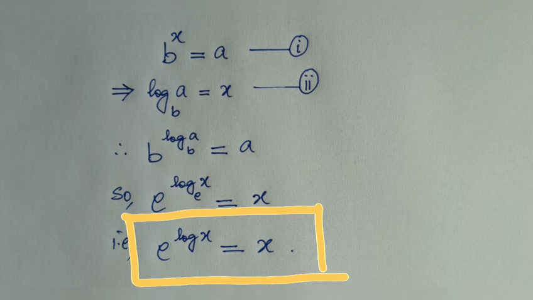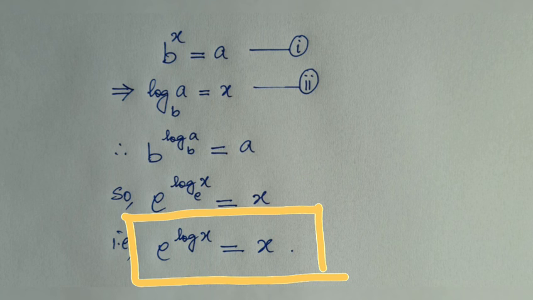Now that x from equation 2, if we substitute it back in equation 1, what will we get? We will get b raised to the power log a to the base b is equal to a. Now, if in the place of b you have e, and in the place of a you have x, then on the right hand side you have x.